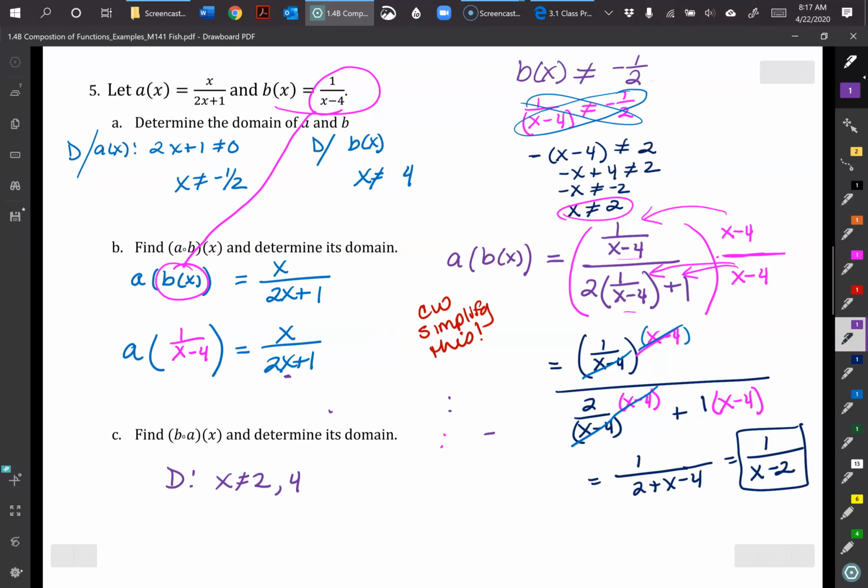And you are going to find b of a of x and determine its domain. So pause the video and I'll rewrite this stuff a little smaller so it fits.